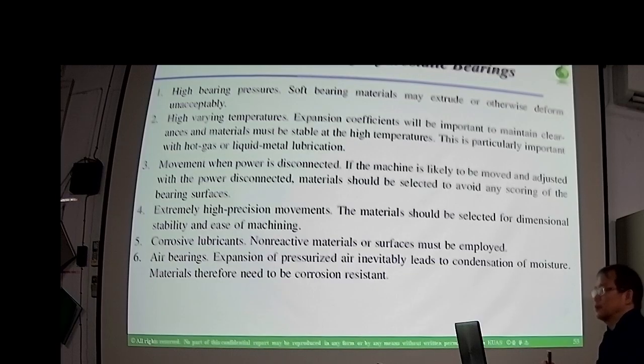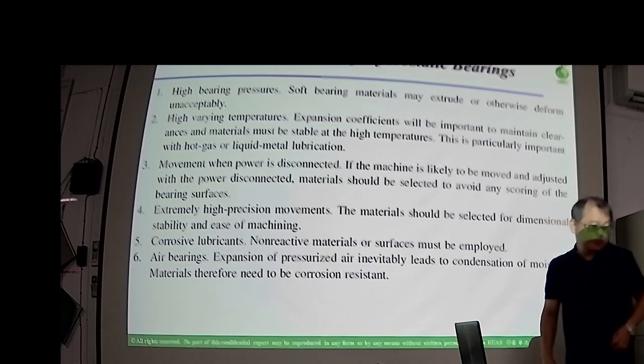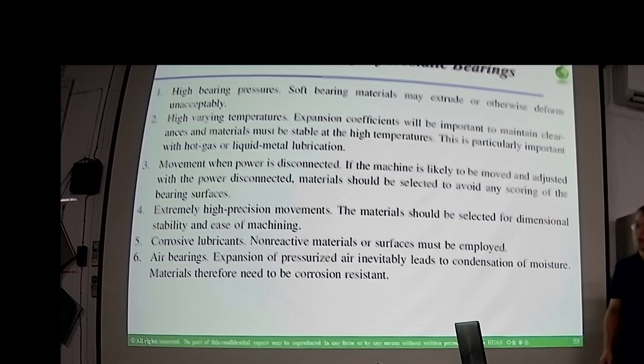Here we talk about the bearing material selection for the hydrostatic bearing. So for the hydrostatic bearing, you have a higher supply pressure. Usually the soft bearing material may extrude or deform unacceptably.